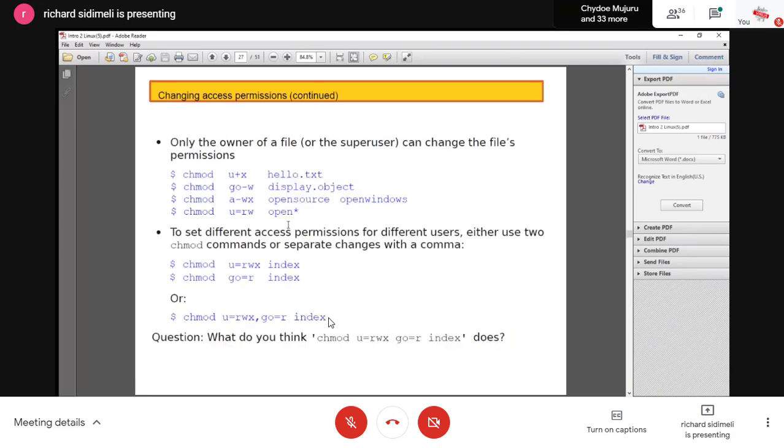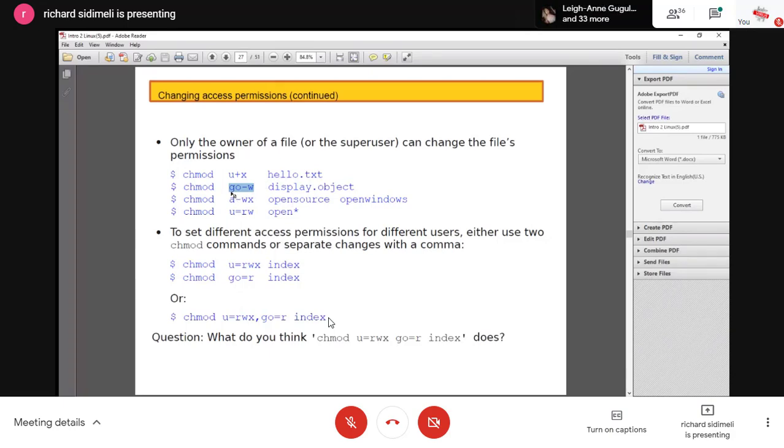You guys must study all this, where we say we are going to add a permission to execute on user. We're going to subtract a permission to write on group, and so on and so on.